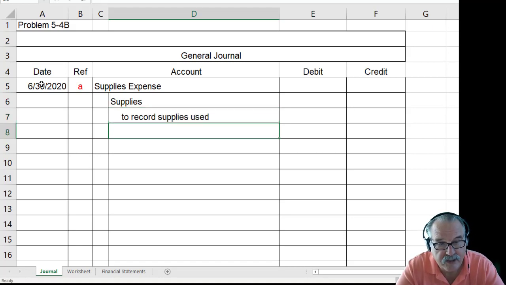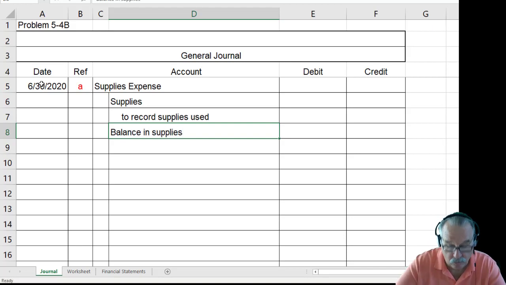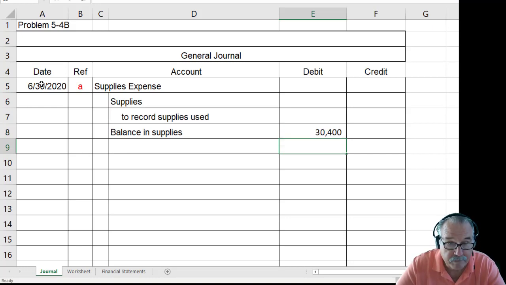used. That's the adjustment. We started with supplies that we bought, or we'll just say the balance in supplies was $30,400. The supplies on hand, that's what we counted, is $12,000.